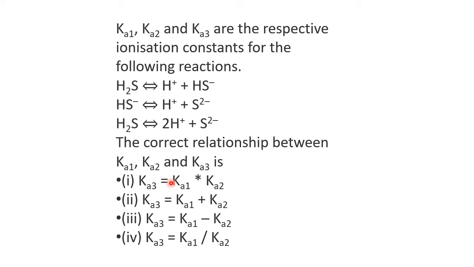So that part you have to recall. One is the correct choice. Please check. Ka3 is equal to Ka1 into Ka2. So for this question, the option is 1. Next.